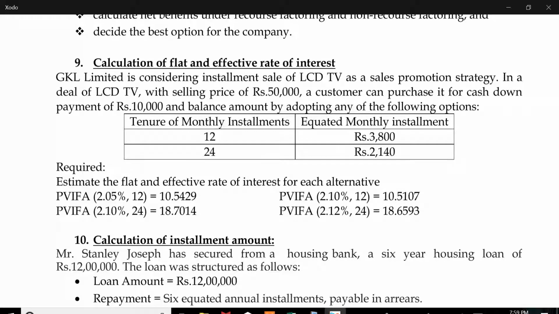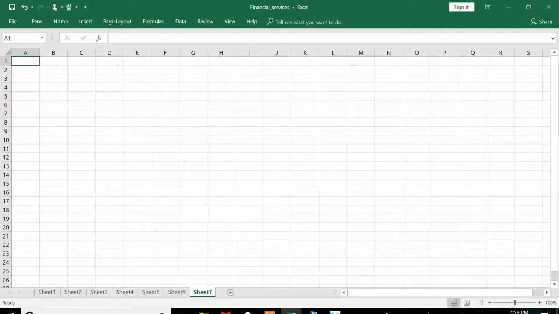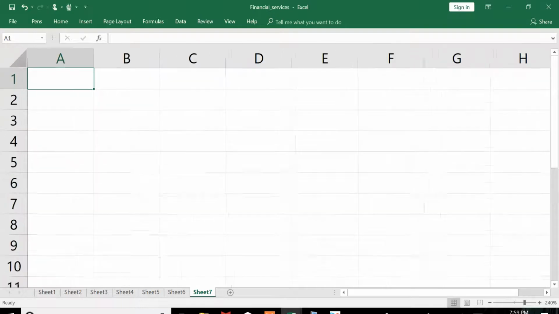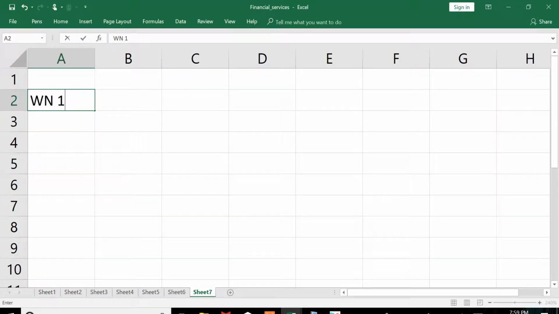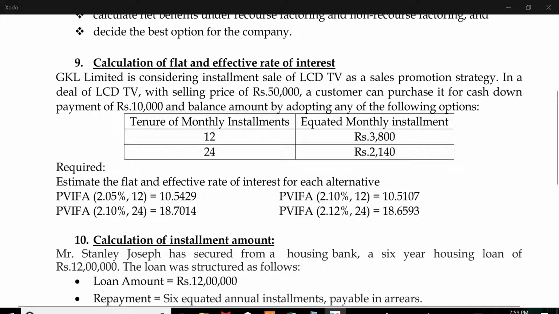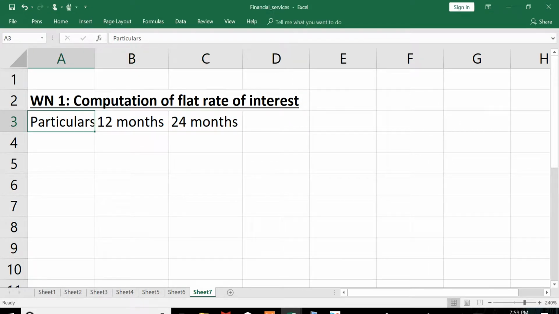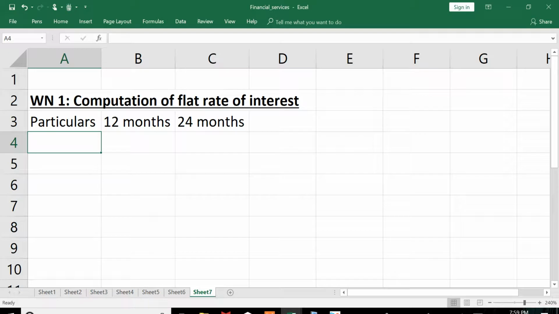Working note 1, computation of flat rate of interest. Particulars: 12 months, 24 months.